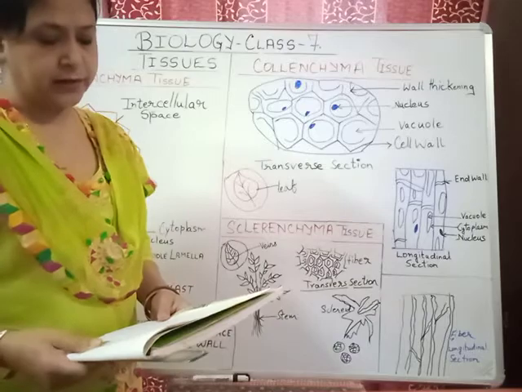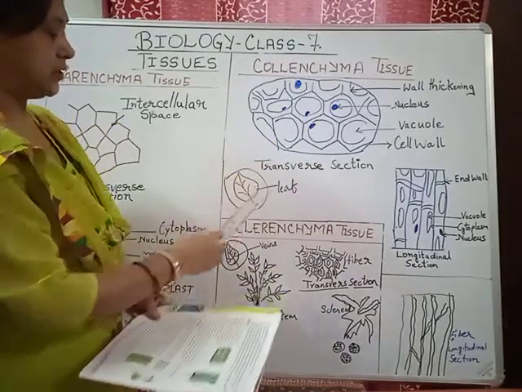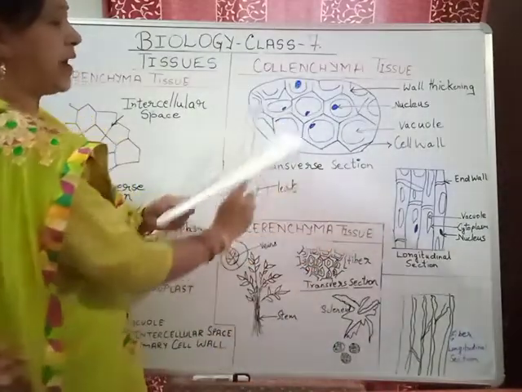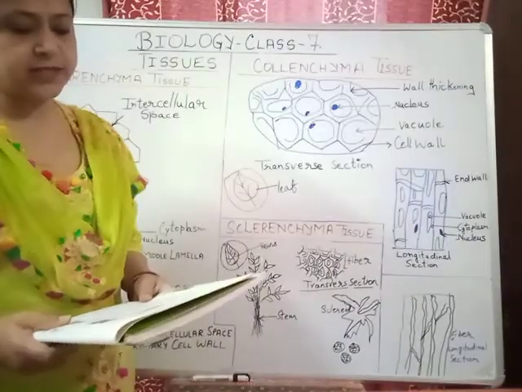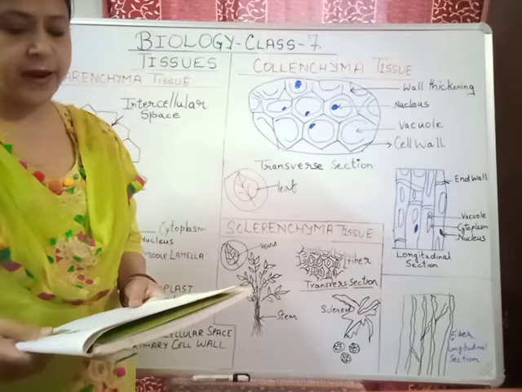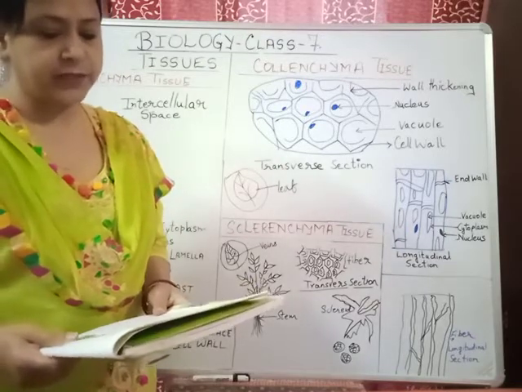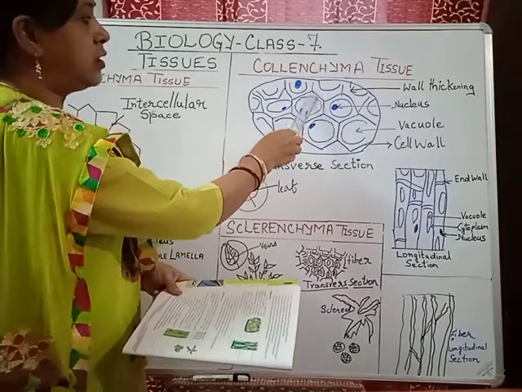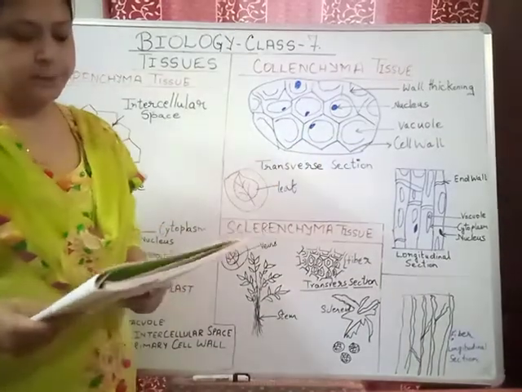Mono means one. Structure: see the structure of collenchyma tissue. This is a longitudinal view and transverse section. The tissue which is elongated and thickened with cellulose as longitudinal strips at the corners is called collenchyma. It has the following features. There are no intercellular spaces; there is no space between any of the cell walls.